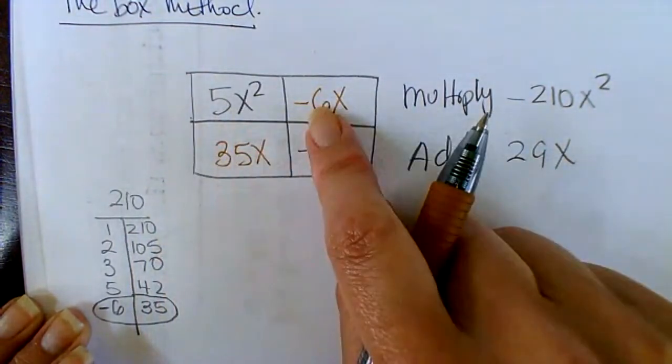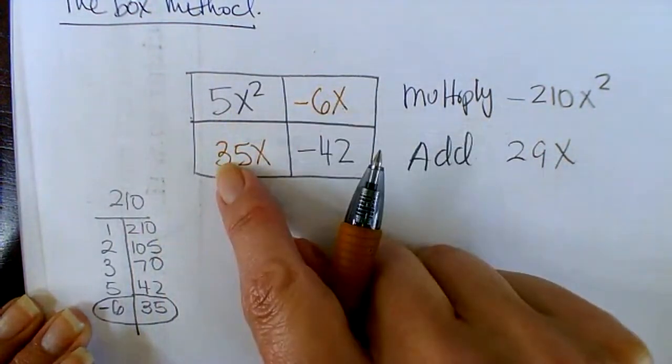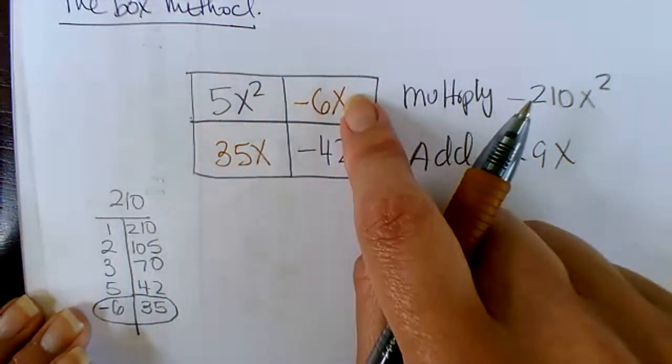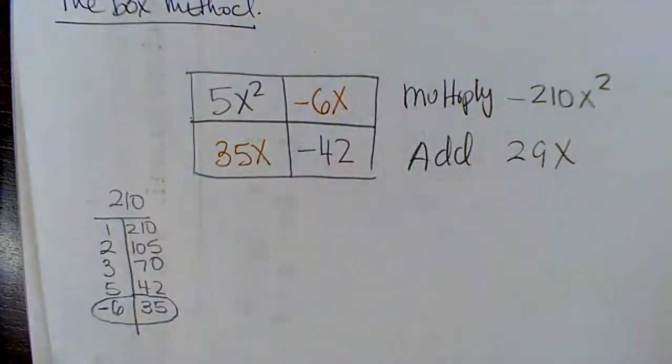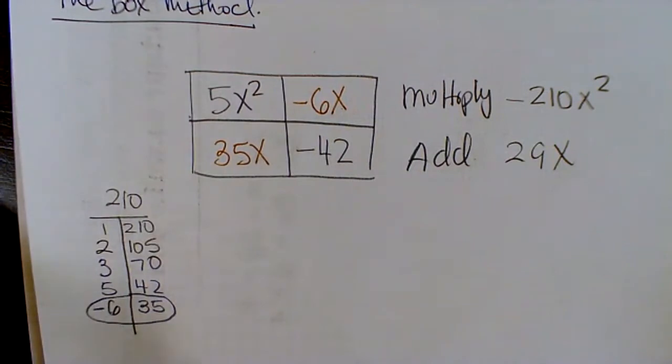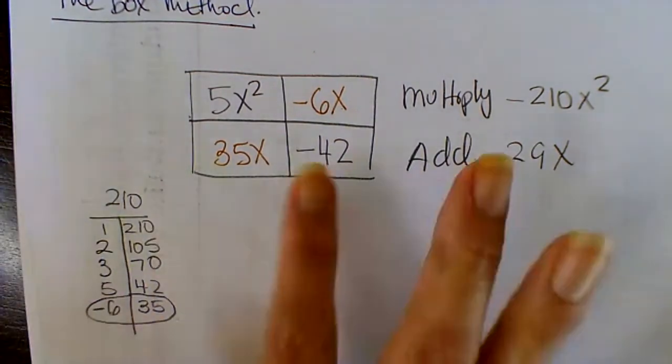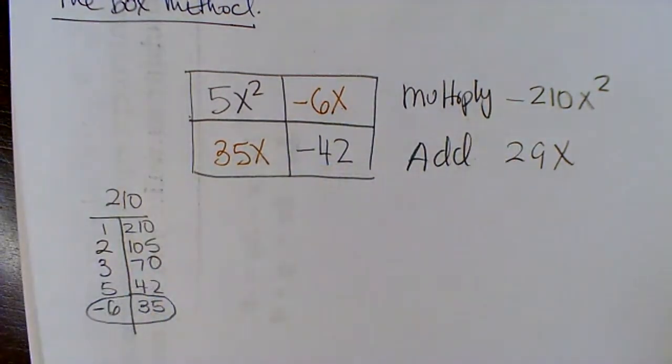I just wrote it down there, but I could write it down here, this negative 6x, and the 35x here, okay? I just went to YouTube and I tried to find ways to explain the box method. And this one was the easiest way that I found there, okay?